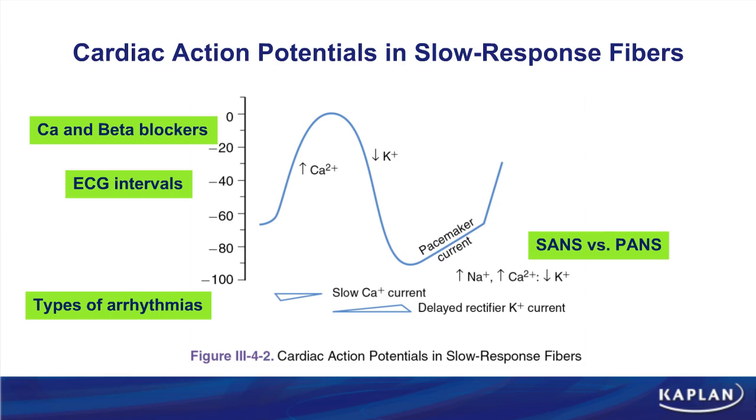Parasympathetic actions will do the opposite, decreasing the slope of phase 4 and phase 0. So parasympathetic actions, or vagal techniques, are going to have the same type of effect as a calcium channel blocker or a beta blocker, which means vagal techniques are useful for supraventricular tachycardias.